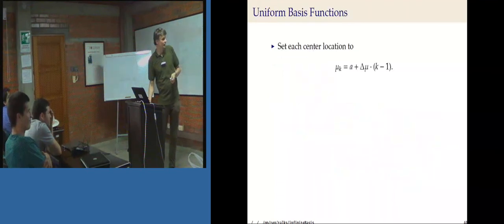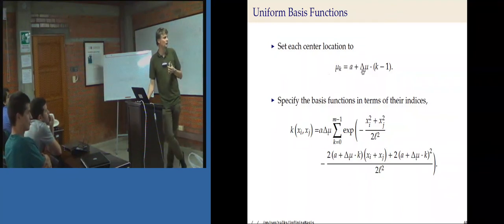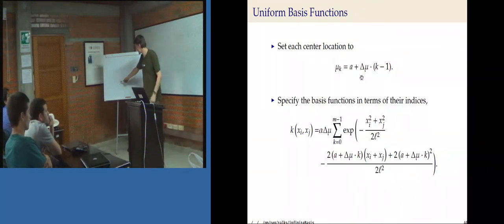So once we've got it in that form, this is just explaining how we can substitute mu k also for delta mu in here, because obviously each center now is a plus delta mu times the number of centers. Yeah.